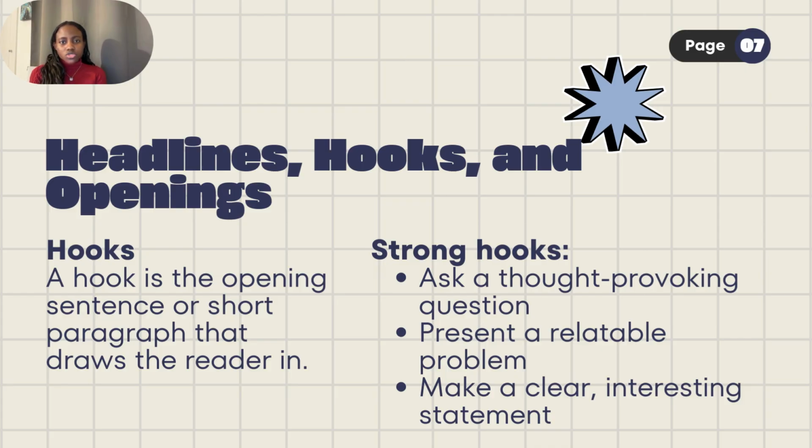You don't want to confuse your reader with your hook, so your hook also needs to be simple, understandable, and direct. And hooks should feel natural and relevant to the topic. You don't want to use a different hook when your topic or your content is something different entirely. So just make sure your hooks are relevant to the topic, they're simple, they're direct, and do not go overboard with them.